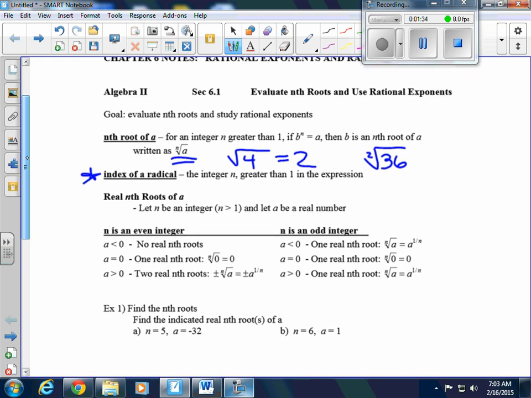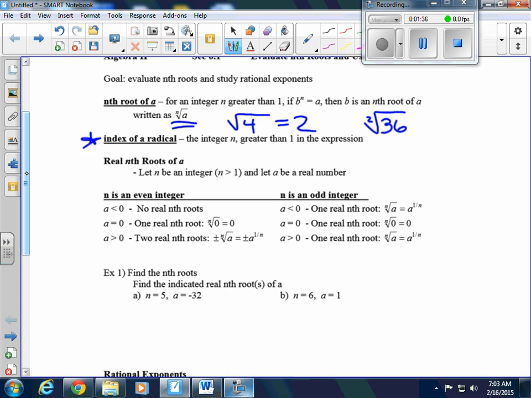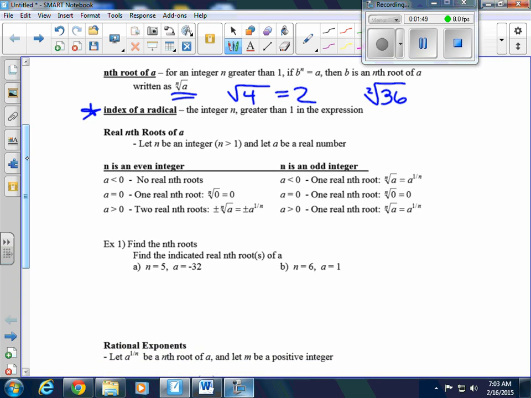So when we take the nth root of a, we're going to let n be an integer where n is greater than 1. It's going to be a positive number, and it has to be a real number. So we have a couple of different situations here. If that index number is even, or if it is odd, it means it's going to be two different things.